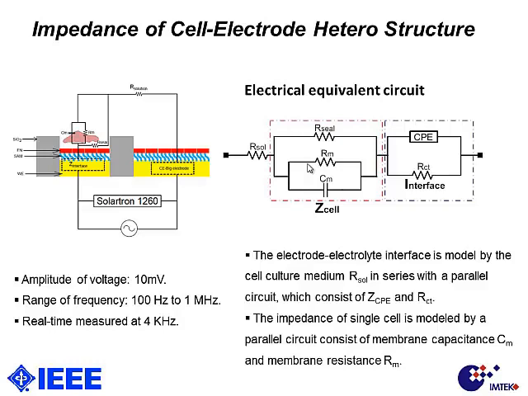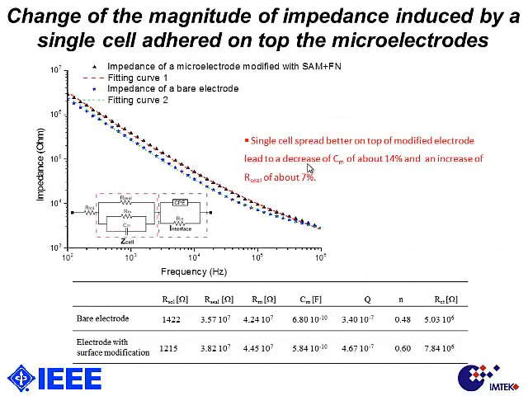So this figure is the Bode plot when the cell is on top of the microelectrode in the 2D system, with the bare electrodes and with the electrodes modified by SAM and fibronectin.